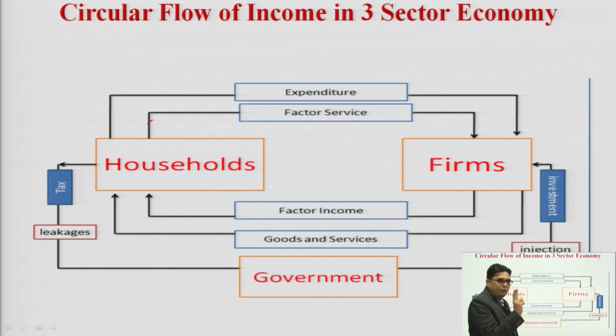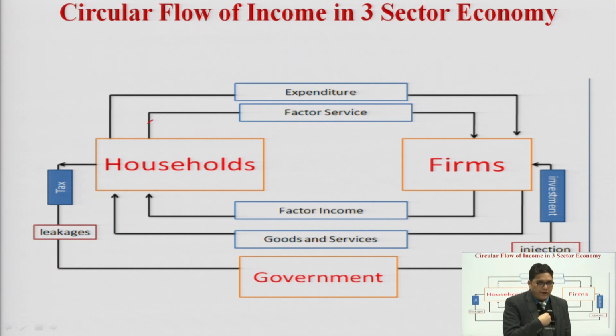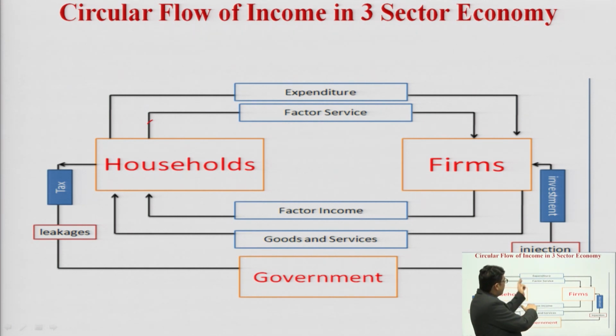I repeat, at the first stage it is the factor services, which are given by individuals or employees: land, labor, capital and entrepreneurship. In return for these factor services, firms pay us what is called factor income.